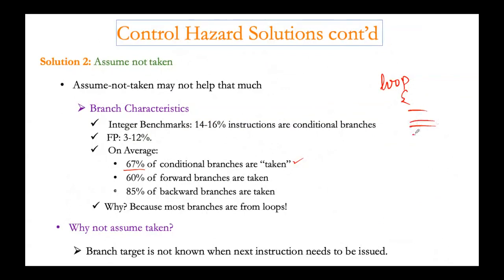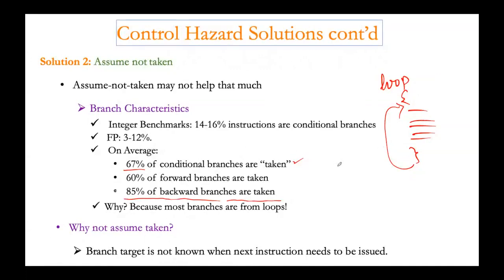In that loop, certain instructions will be there and it will go back, so the loop will continue. 85% of the backward branches are taken. Once these instructions are finished, it goes back and checks the condition in the loop, it may be a for loop or anything, and the same instructions will be taken.